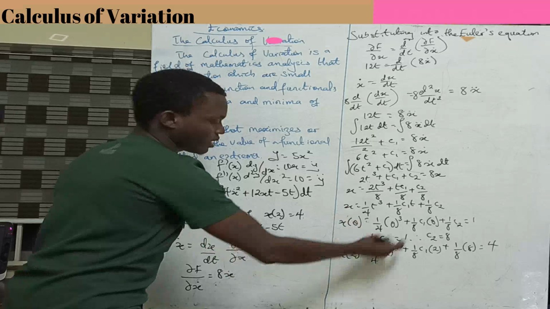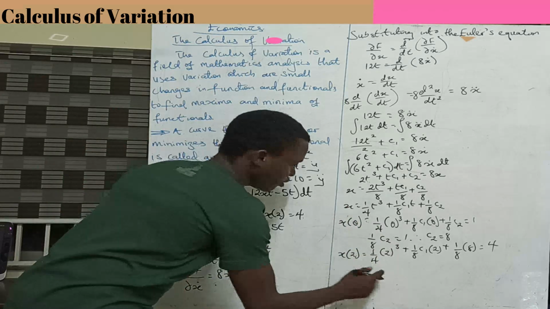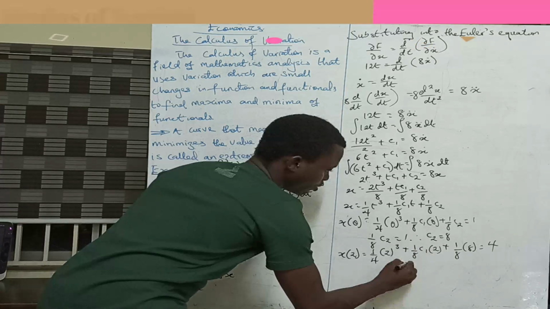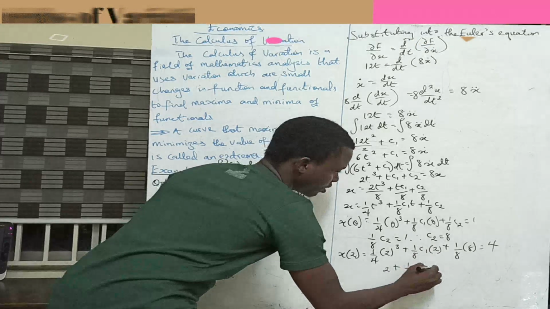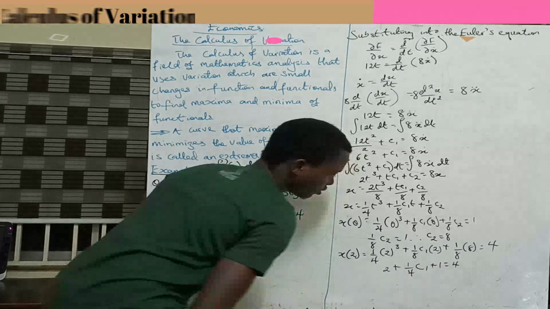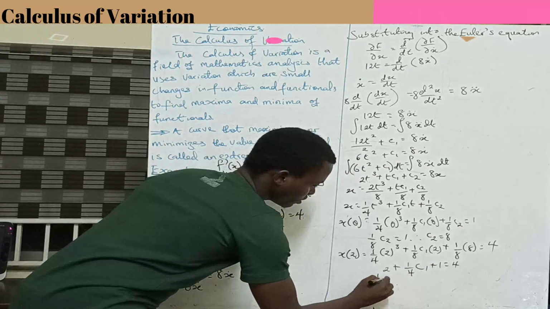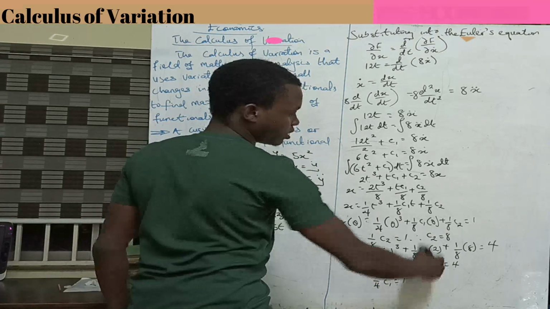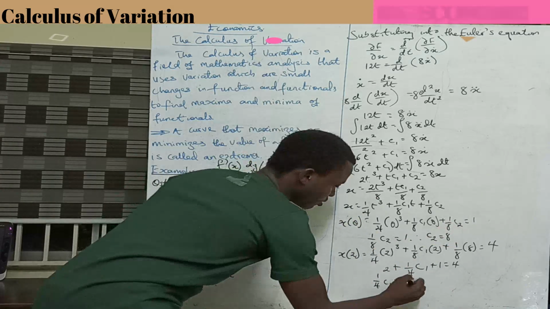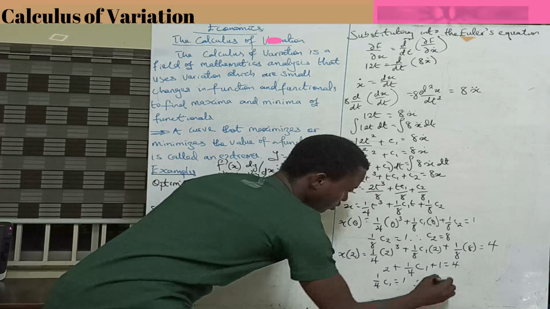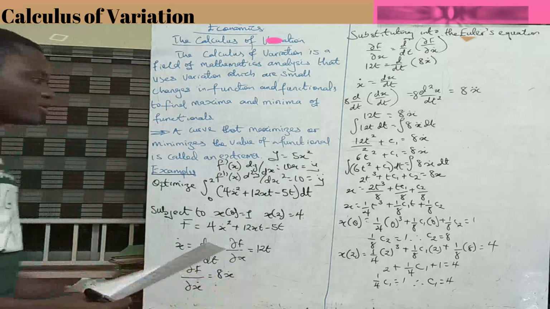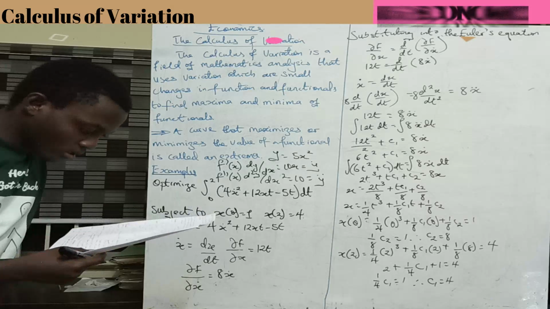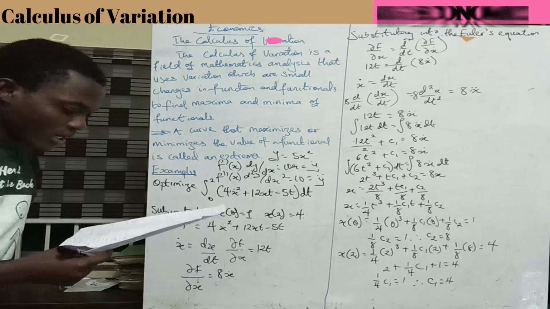So 2 times 2 times 2 raised to 3 is 8. 8 divided by 4 is 2, plus 1 over 4 c1 plus 1 equals 4. So 1 over 4 c1 equals 1, as 2 plus 1 is 3. It goes to the other side. 4 minus 3 is 1. So c1 equals 4. So c1 is 4 and c2 is 8. All right, so that's right.